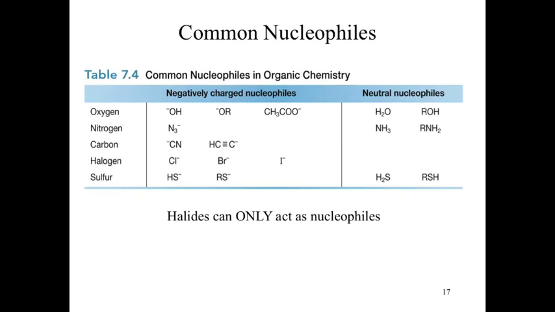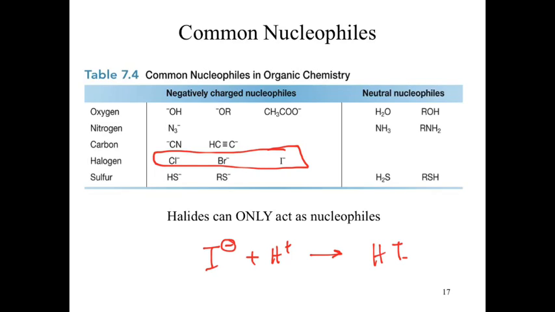The last thing that's noted on the bottom there is you'll notice that in these lists we have the chlorides, bromides, and iodides, and those, interestingly enough, can only act as nucleophiles. The reason being is if they act as a base, they have to react with H plus to make, say, HI.